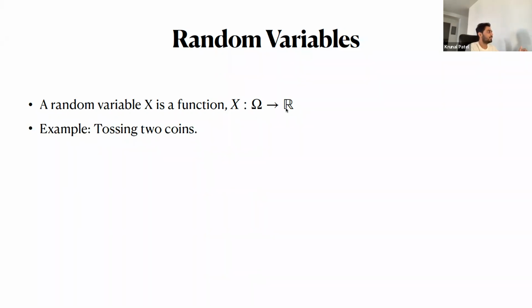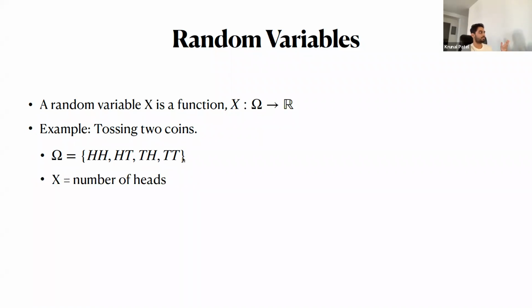So for example, let's say we are tossing 2 coins, right? In that case, our event space will be: 2 heads, head and tail, tail and head, and 2 tails. One example of a random variable can be, I want to count the number of heads for every possible outcome.